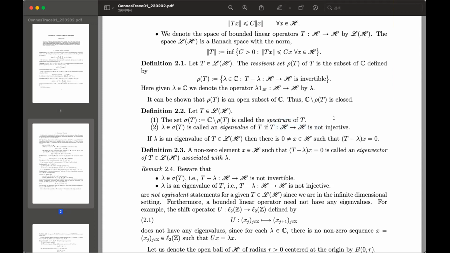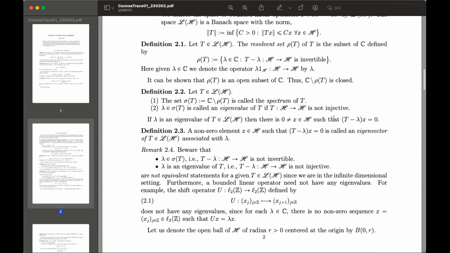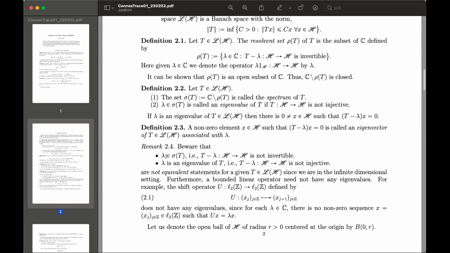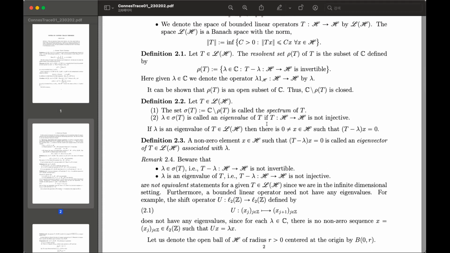And one should beware that in the infinite dimensional Hilbert space setting, a complex number being an element of the spectrum and a complex number being an eigenvalue are not equivalent notions, because one can find an injective operator that is not invertible, since we are in the infinite dimensional setting. Okay.